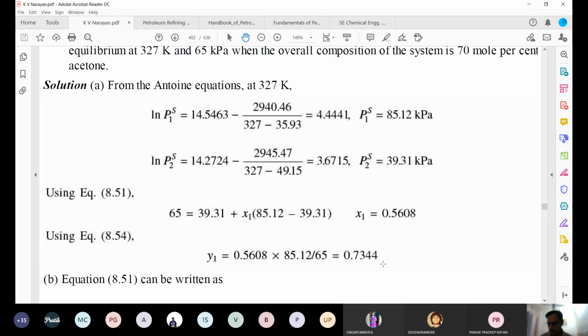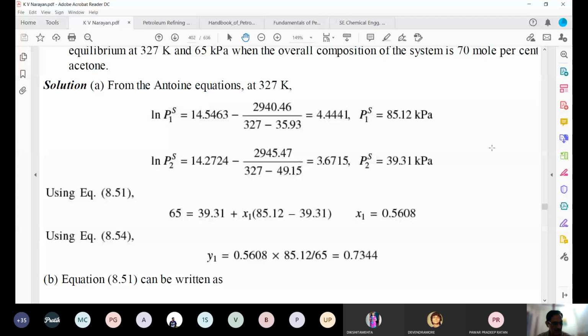So we know the composition of the liquid and of the vapor, and we know the overall composition, 0.7. What we need to find is the fraction of the mixture which is liquid and how much is vapor. So we can do a material balance. It's nothing more than a simple overall material balance. The overall mixture is separated into liquid and vapor.